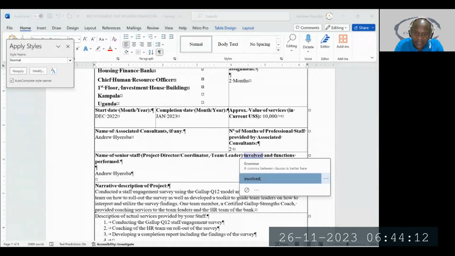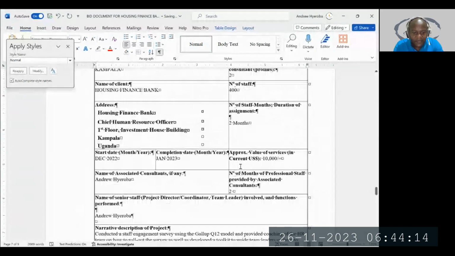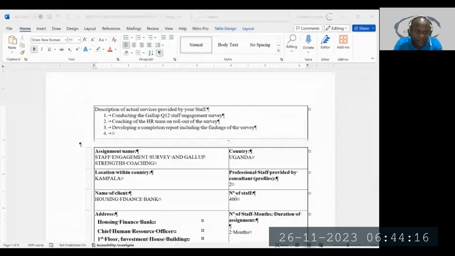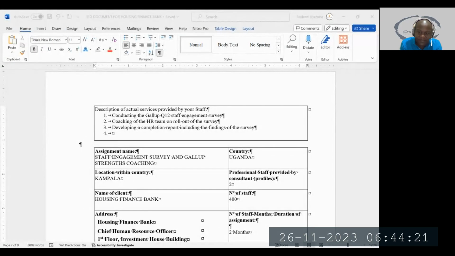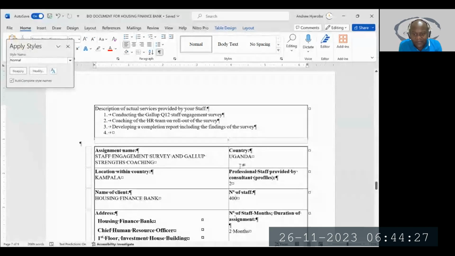So interestingly, for this particular assignment, some of you on this call are part of this, as in have an understanding of this particular client. We did this work for the client, and the client was very happy.